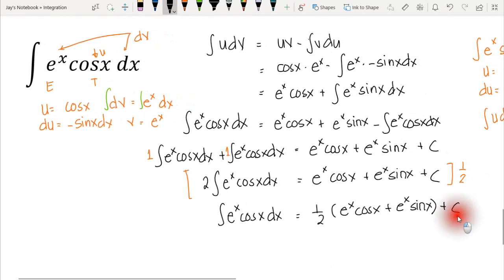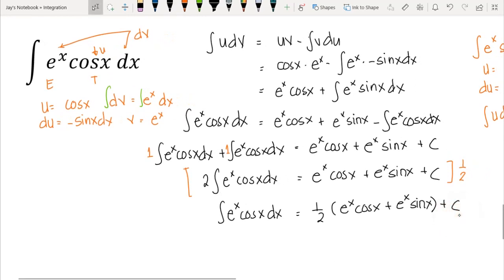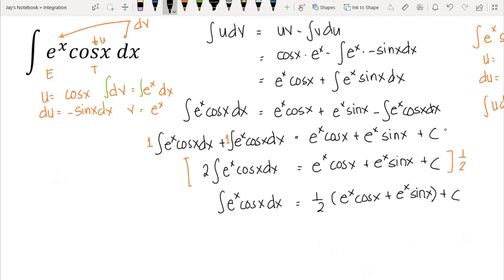So our c here will remain c, since if we multiply constant c times constant 1/2, that will give us a constant itself. So by further simplifying, we have the integration of e^x cosine x dx is equal to, now we can take e raised to x outside, we can factor it out.